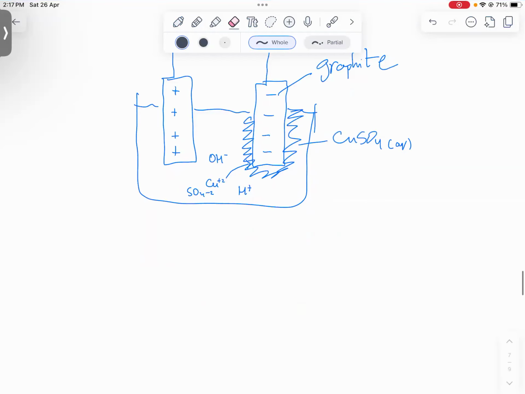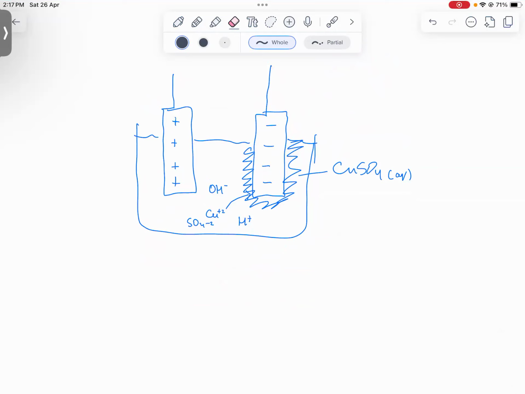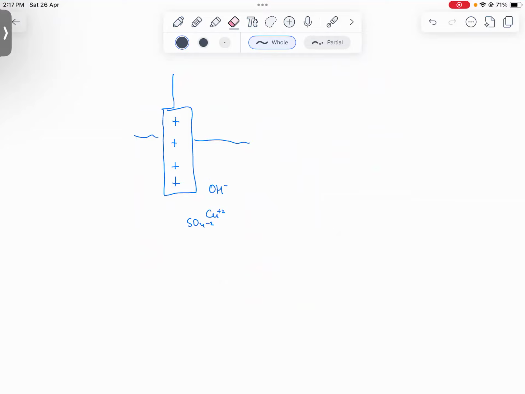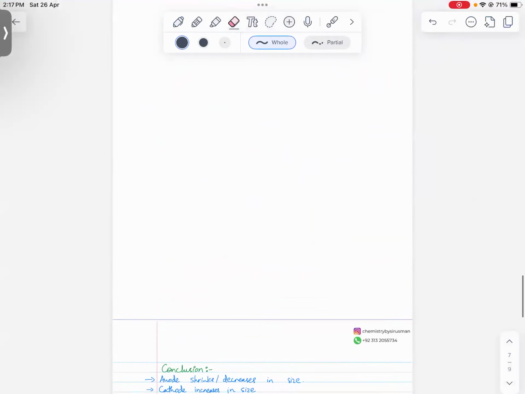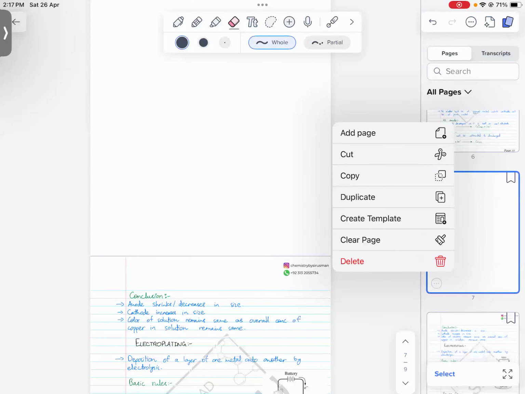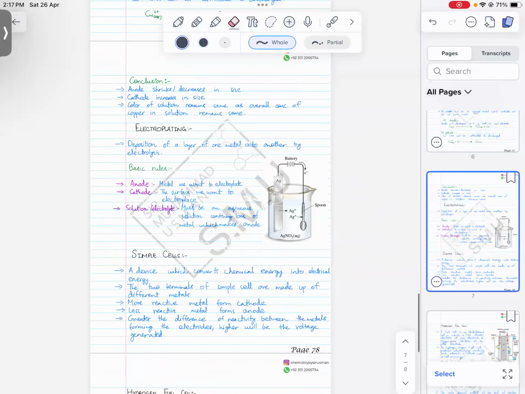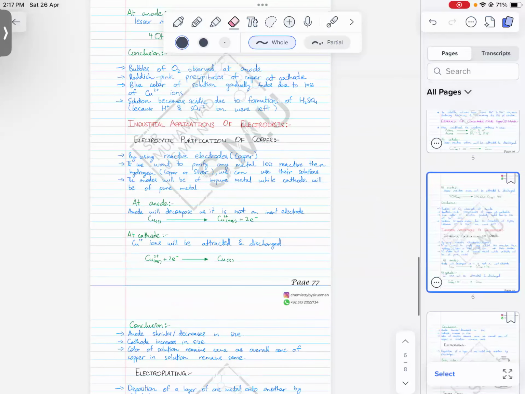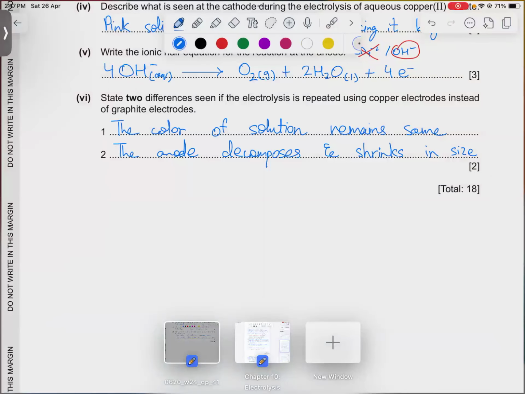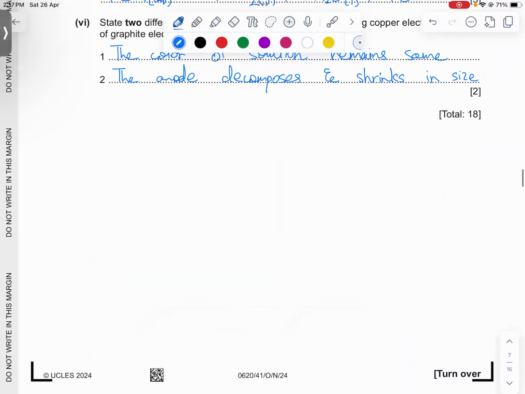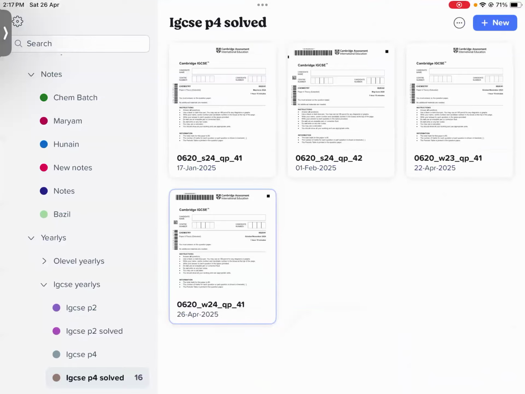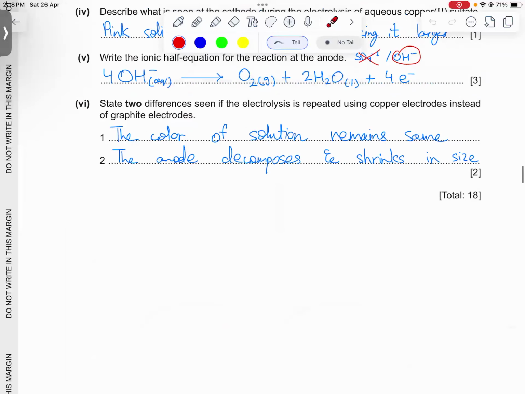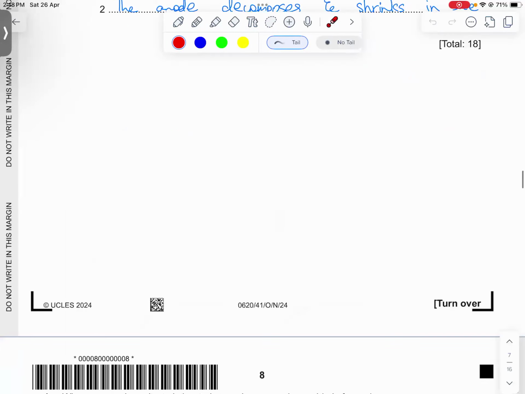So whether you use graphite anodes, graphite cathode, or copper cathode, the size of the cathode increases, because copper is getting discharged, not hydrogen. Because copper is getting discharged, you observe that this happens. I hope that makes sense. But the anode only decomposes or shrinks in size for our other reaction in which we use copper electrodes. All right. Okay. Next question.